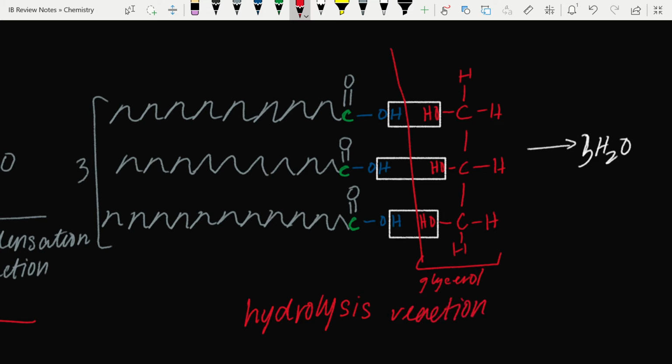This is when you mix water with a triglyceride, and then with an enzyme called lipase, which is secreted in the pancreas, the triglyceride breaks into 3 fatty acids and a glycerol in the small intestine. This can happen with a strong acid or a strong base. If you're using a strong base, then you need NaOH and heat.